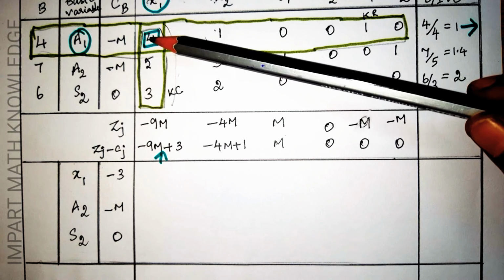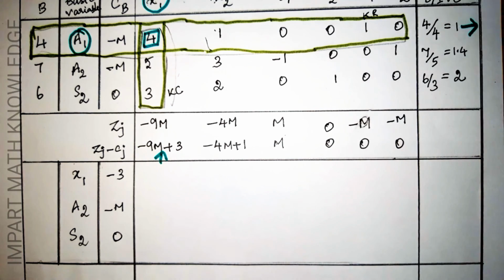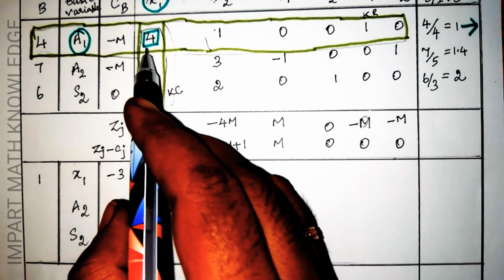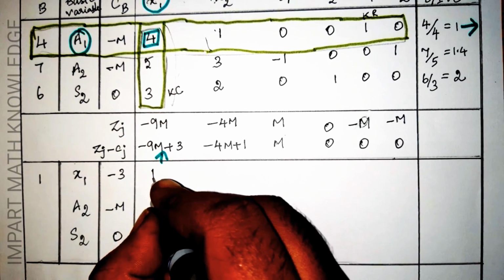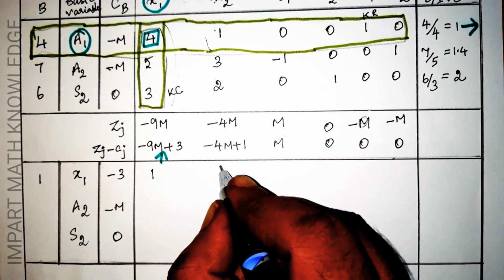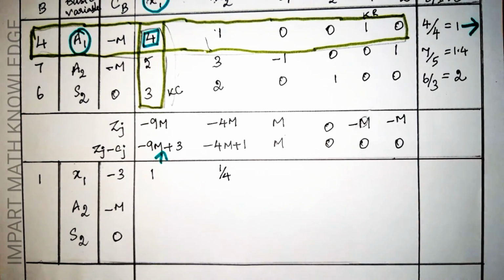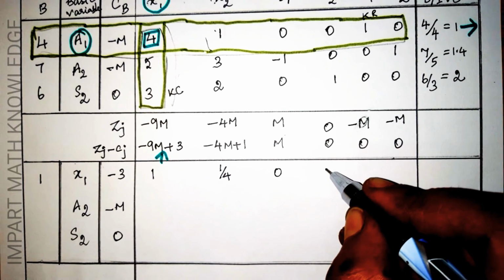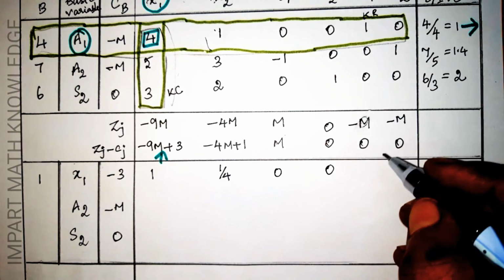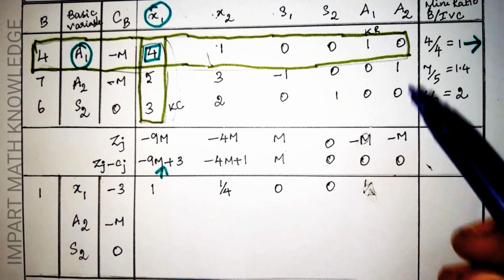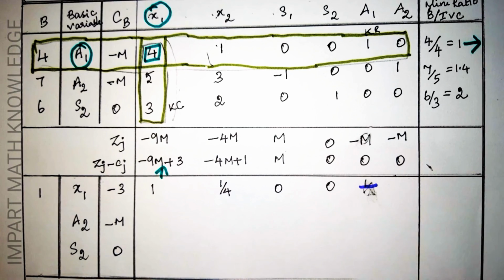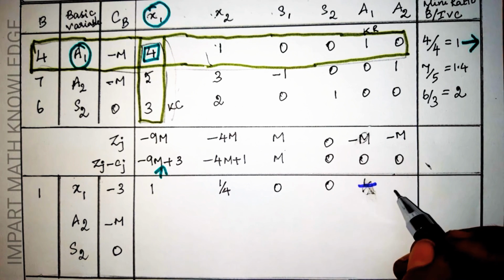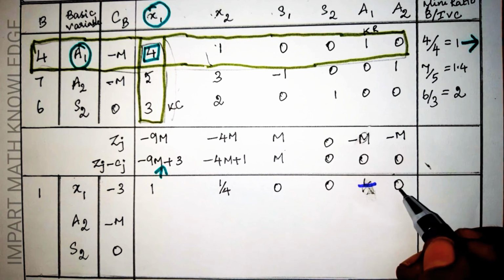For that you have to divide by 4 throughout the row. 4 divided by 4 is 1. 4 divided by 4 is 1. 1 divided by 4 is 1 by 4. 0 divided by 4 is 0. 0 divided by 4 is 0. The artificial variable leaves the table, so no need to write; you put a dash like this. Here 0 divided by 4 is 0.